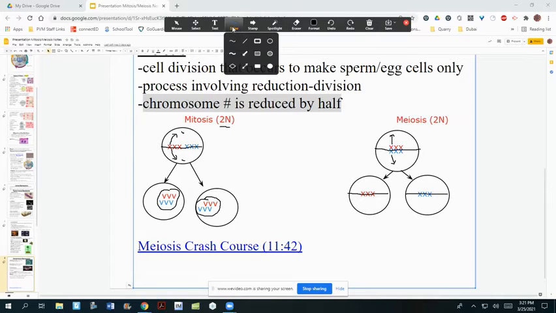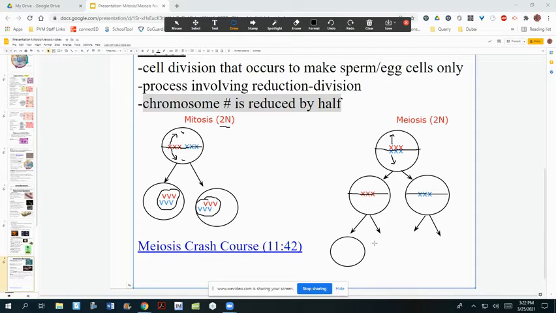division. So in doing that, each cell is going to split a second time because it needs to have just one chromosome. You can't have two copies connected together.